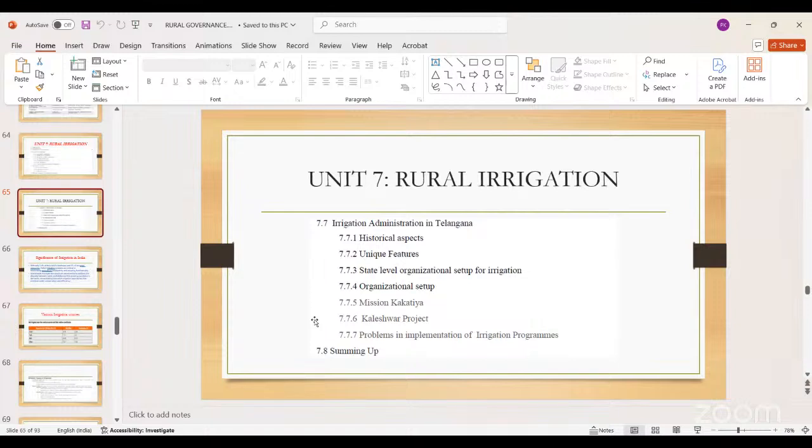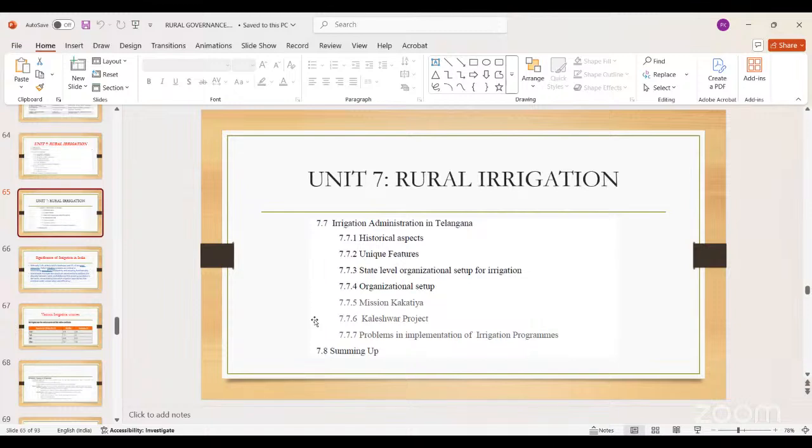The Kaleshwaram lift irrigation project is divided into seven links and 28 packages spanning a distance of approximately 500 kilometers. This project aims at increasing the total cultivable command area, which is basically the sustainable area that can be irrigated after accounting for both upstream and downstream.